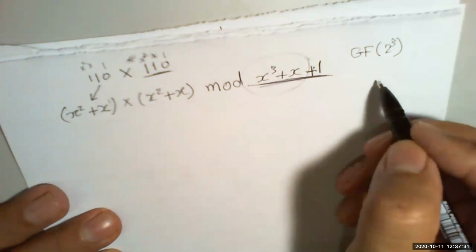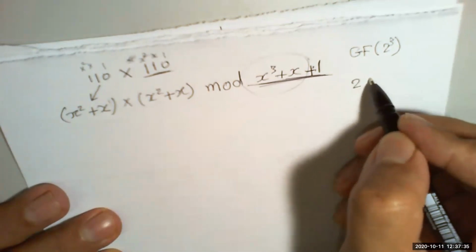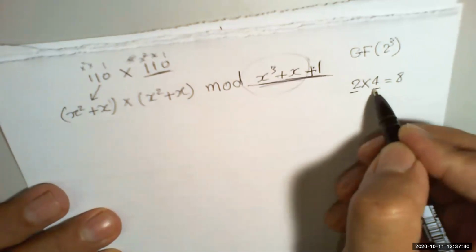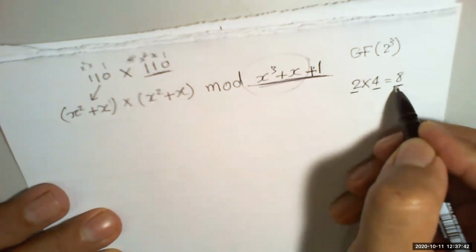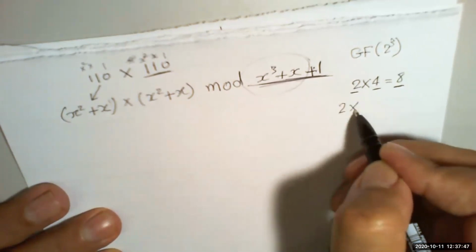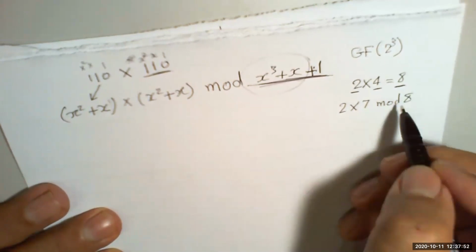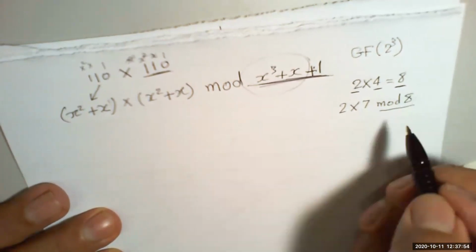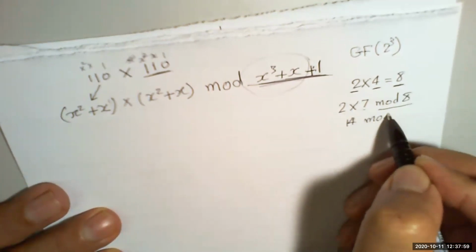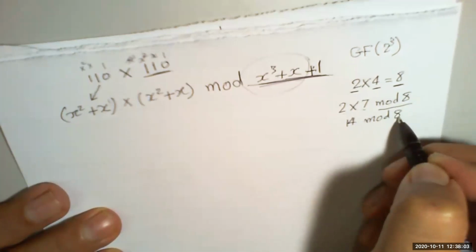I told you, for example, that 2 multiplied by 4 is 8. 2 is an integer, 4 is an integer, and the answer is also an integer. But if I want to make 2 by 7 mod 8, this also will remain in the same ring, because 2 by 7 is 14, and 14 mod 8 gives a remainder of 6.